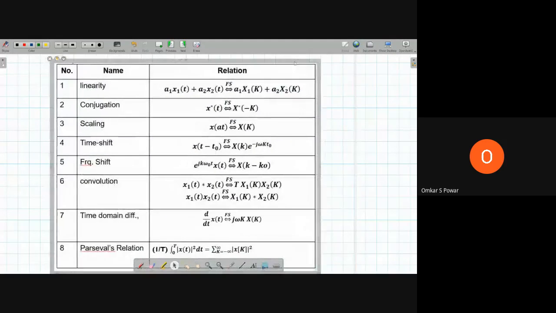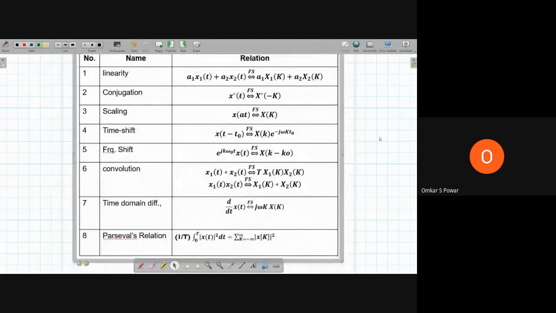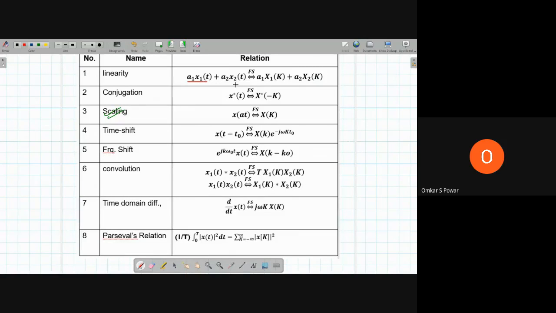So, the linearity property. If you observe here, we have a1 x1 of t and a2 x2 of t. If you add these in the time domain, a1 x1 of t plus a2 x2 of t, and take the Fourier series, then it is a1 X1 of k plus a2 X2 of k.